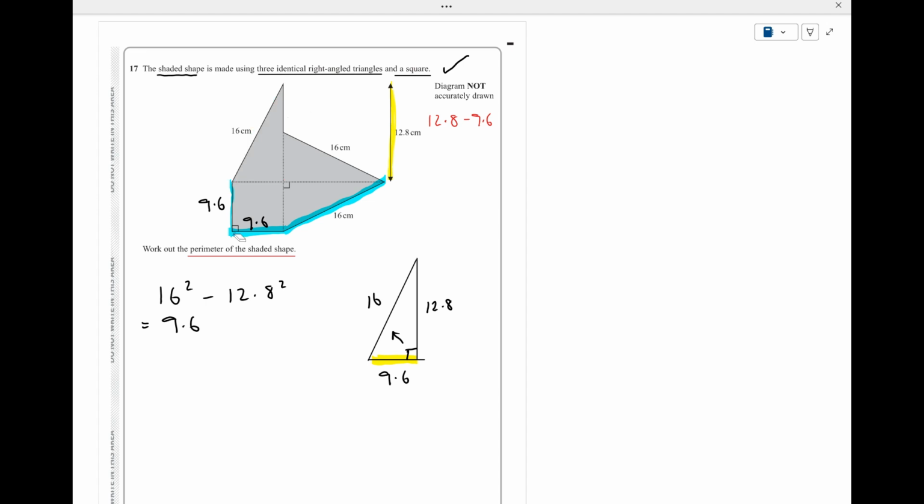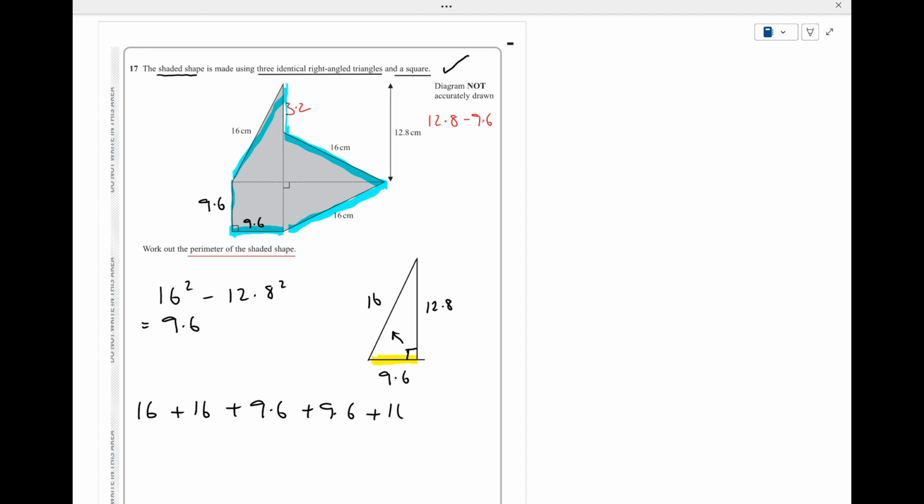Here we go. Get rid of everything. 3.2. Now, do I know all the lengths now? That one was 9.6. I think I do, don't I? I can walk around all the shape now and add up as I go. So I'm going to do 16 plus 16 plus 9.6 plus 9.6 plus 16, that's this one, and then plus 3.2, and I've gone all the way around then.